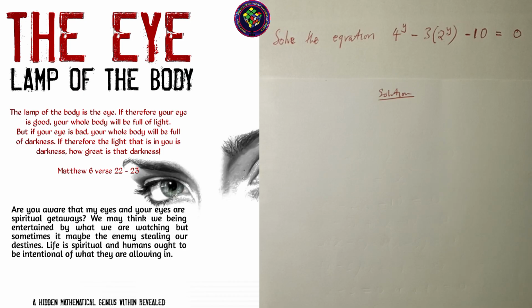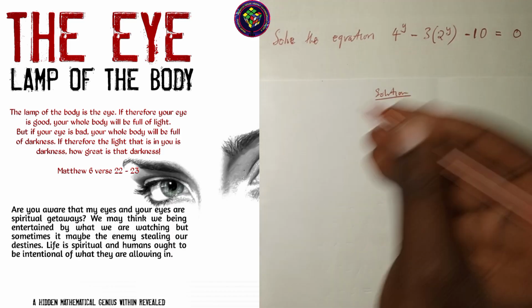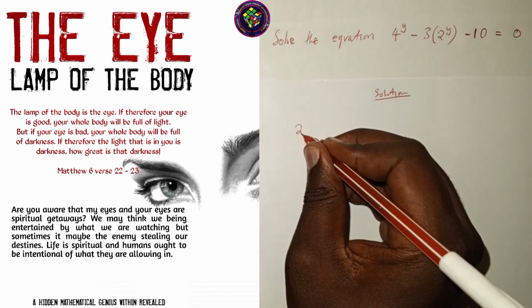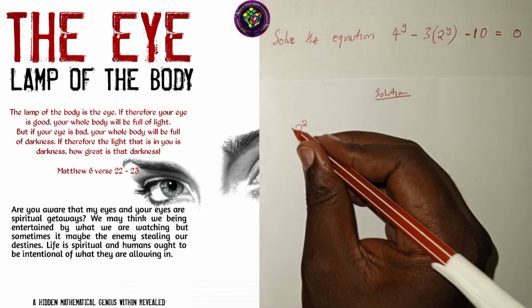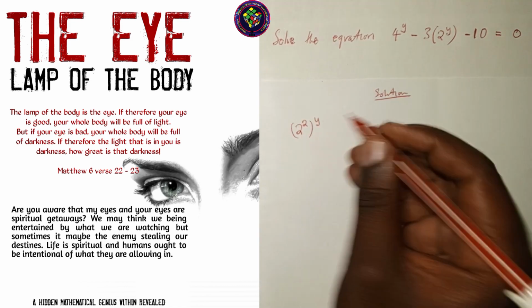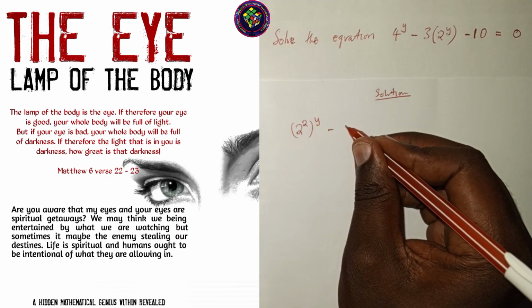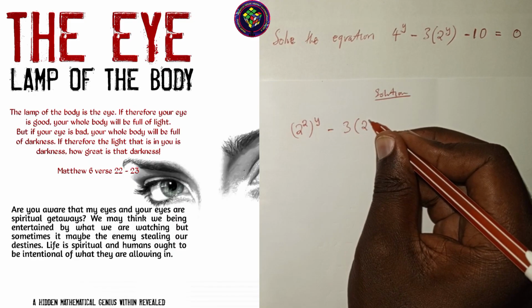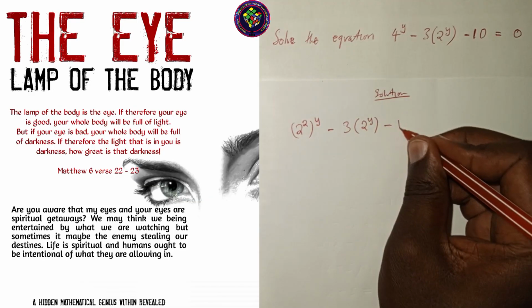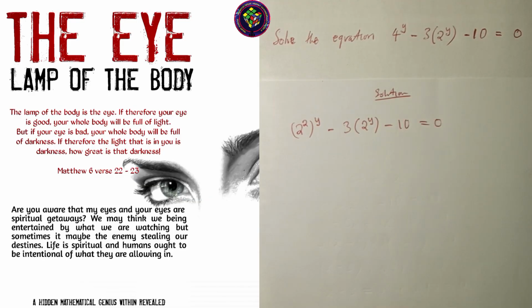Okay, so how many times can we multiply 2 to get 4? Okay, so 4 is 2 to the power 2. So where there is 4, it will be 2 to the power 2. Then again we have the power of y, minus 3 in brackets 2 to the power y, then minus 10 is equal to 0.